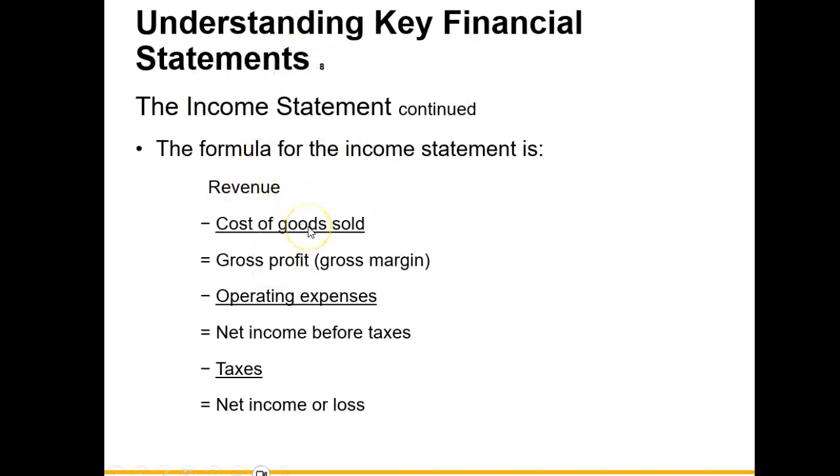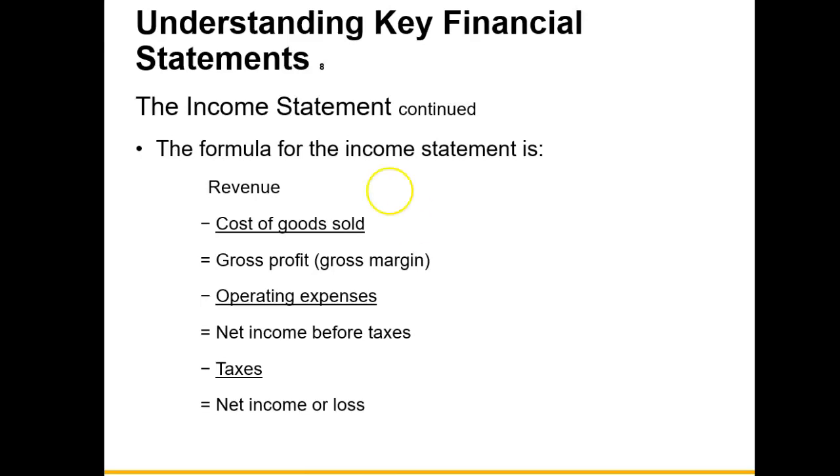So cost of goods sold represents how much the company paid for those products that were sold to their customers during the course of the accounting period. As we discussed before, I'm pretty sure you understand that when you buy a product, that's not how much that company paid for their product. You know that, right? Okay, just making sure.